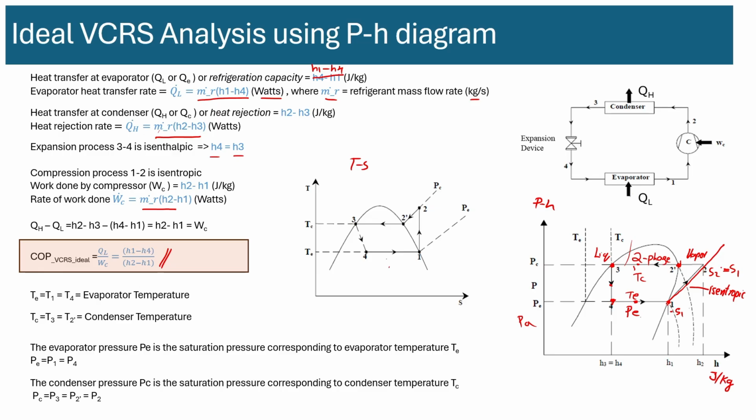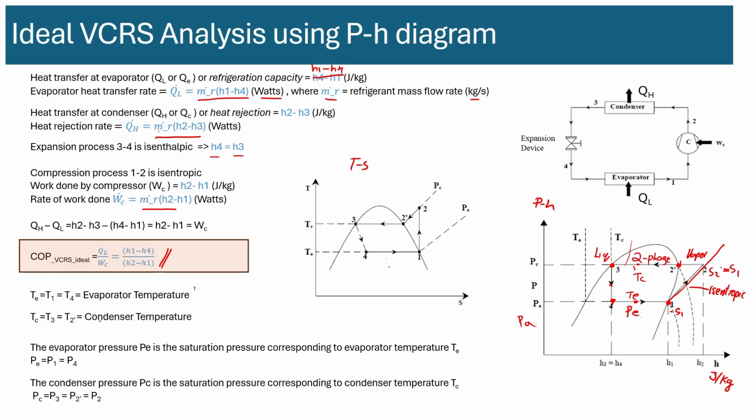Three, the exit of the evaporator is exactly on the saturation line. So if these three conditions are primarily met, then it's an ideal VCRS. You could also say that there should not be any pressure drop here and here. The pressure should be constant. So when you have a cycle like that, it's an ideal VCRS, and this is the COP calculation you have to do.